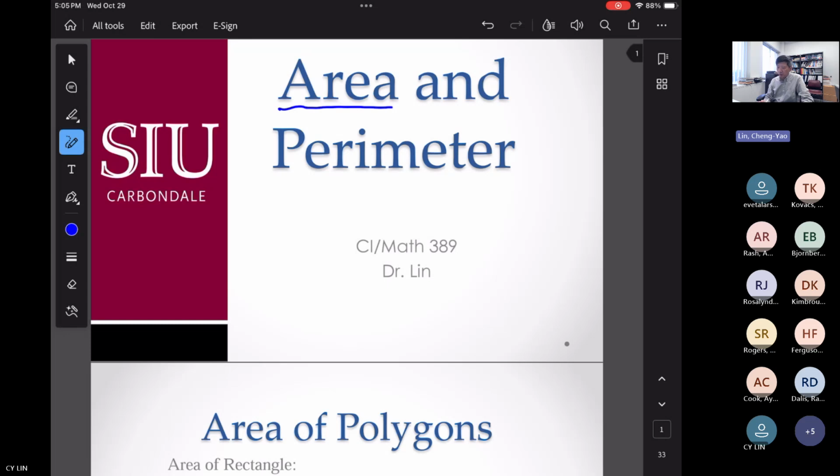So we are looking for the area. Let's say I need to order tiles, one by one, and how many tiles. So basically we go by square foot, right?